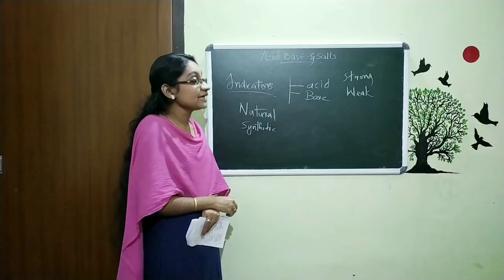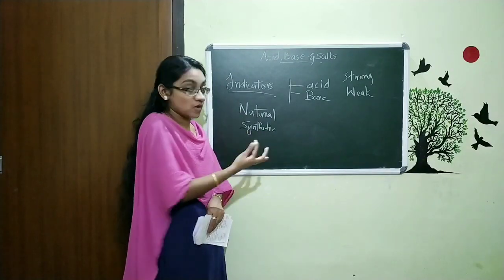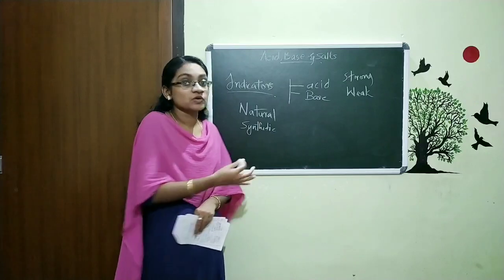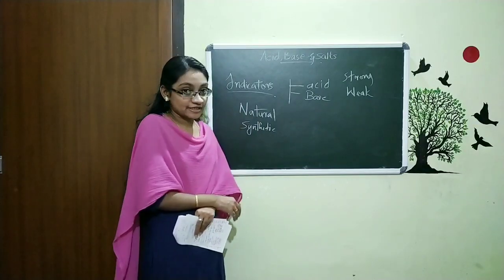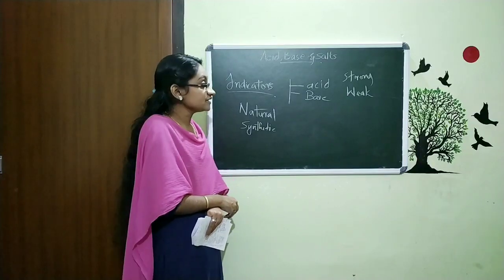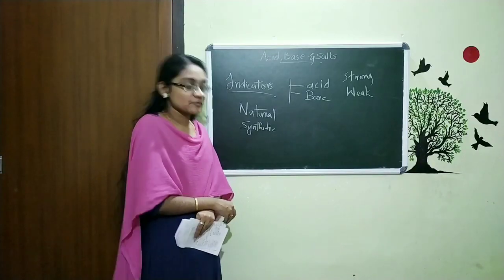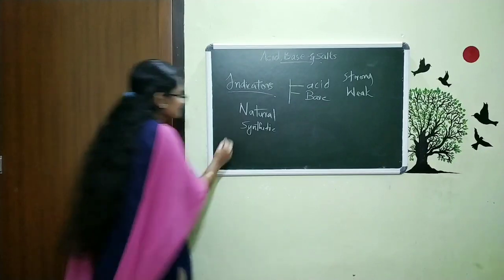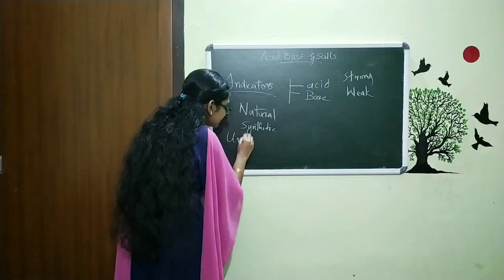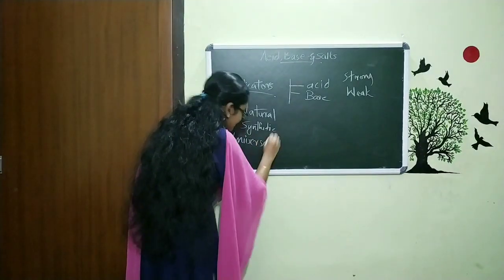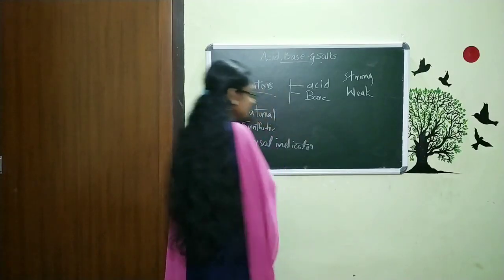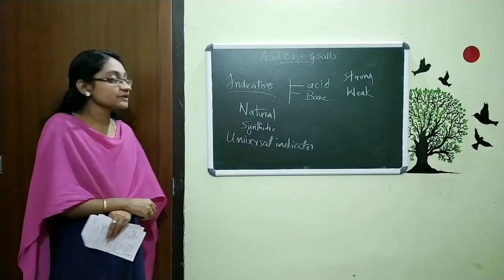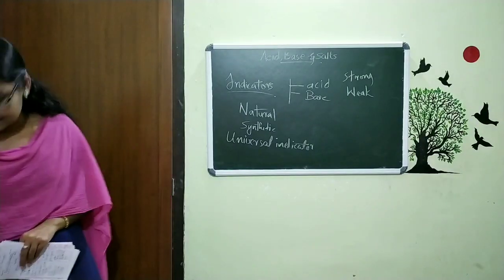But they are unable to identify if it is strong or weak, or dilute or concentrated. But using one type of indicator it is possible, and that indicator is the universal indicator. So today's topic is the universal indicator.